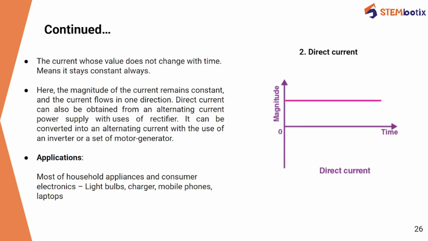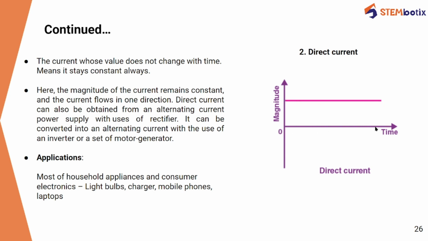Now, our second type of current is direct current. As you can see from its name, direct current means there is no alteration of magnitude of current. In this graph, you can see that there is only one constant straight line.